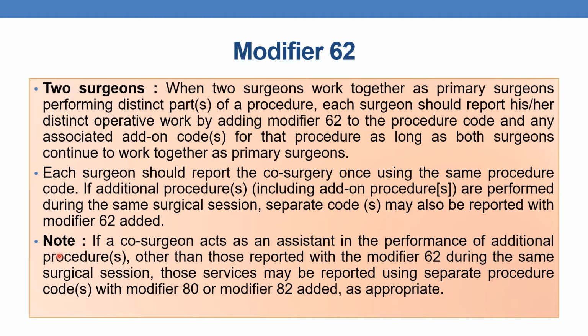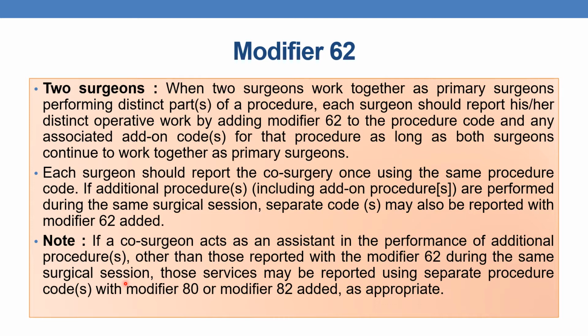One more important point: if the co-surgeon acts as an assistant in the performance of additional procedures other than those reported with modifier 62 during the same session. For example, two surgeons are performing the operation and multiple procedures are performed.